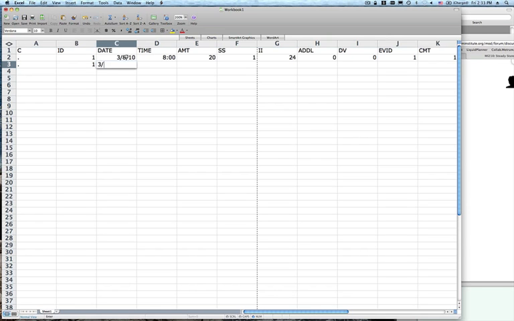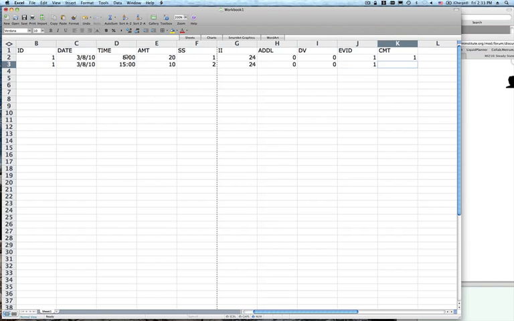Okay. And then we go to the again same day. Okay, but now their schedule is not 8 a.m., it's at 3 p.m. So we want 12 plus 3, that's 1,500 hours. And the dose at 3 p.m. is 10 milligrams. And this is steady state 2 now because we want a superposition of steady state, 24-hour interval, no ADDL, no DV.